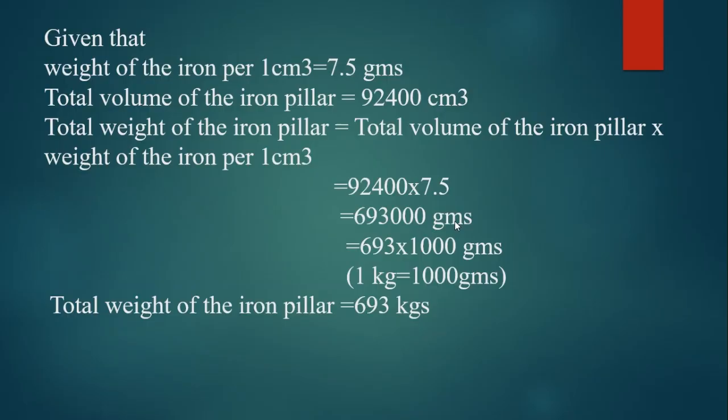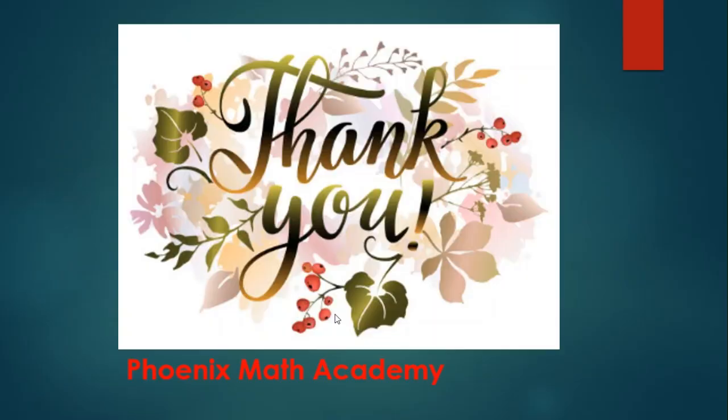If you are clear that 1 kg is equal to 1000 grams, definitely we can convert the weight into kilograms also. Sometimes in MCQs it will be given in kgs. If it is given in grams, you can opt for it. So 1 kg is equal to 1000 grams, and total weight of the iron pillar becomes 693 kilograms.